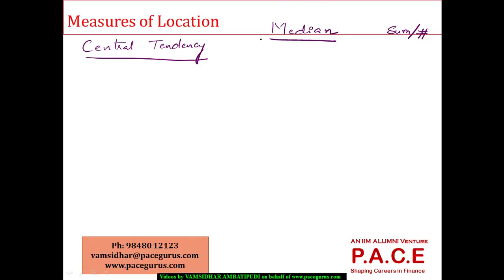Whereas the median says the middle: you first arrange the data in ascending or descending order, right? And after you have arranged or sorted it, just pull out the middle value, and that is what we call the median.